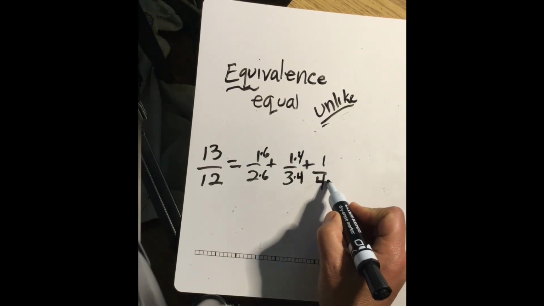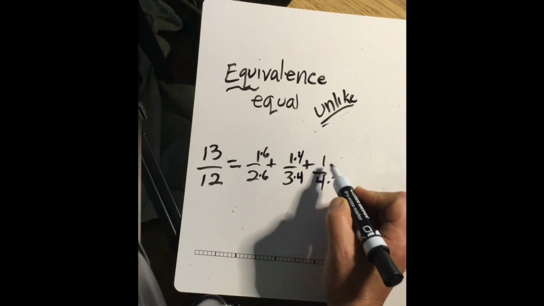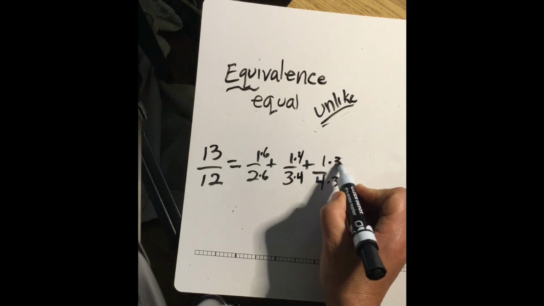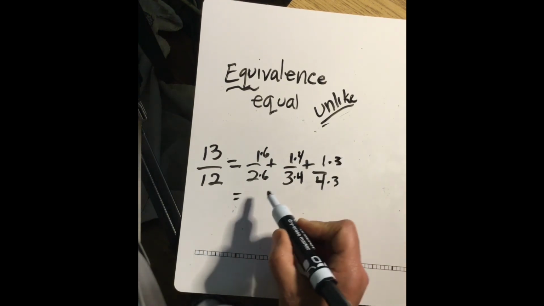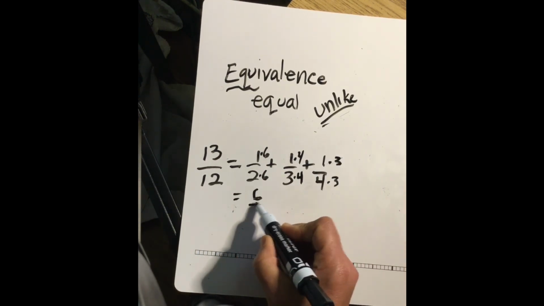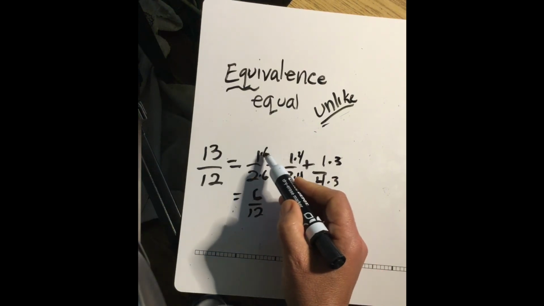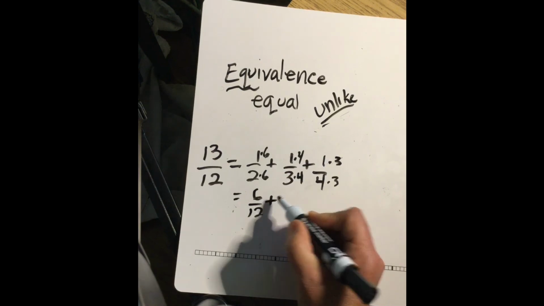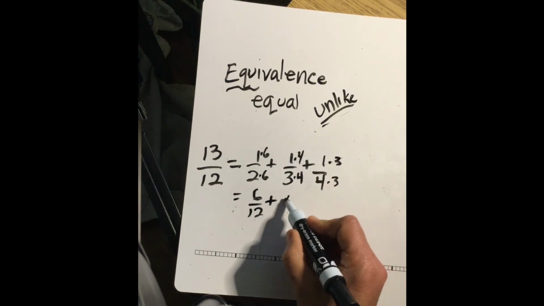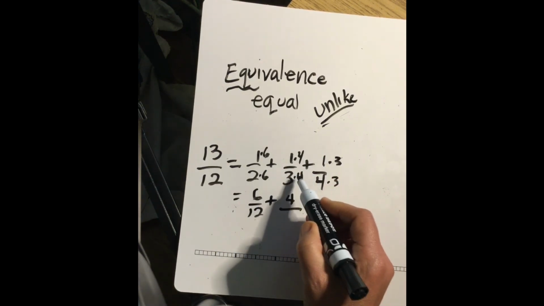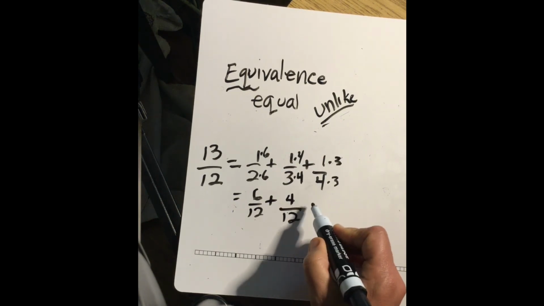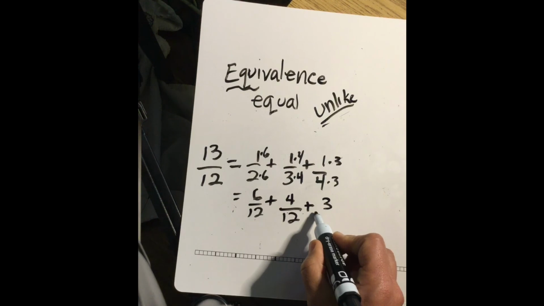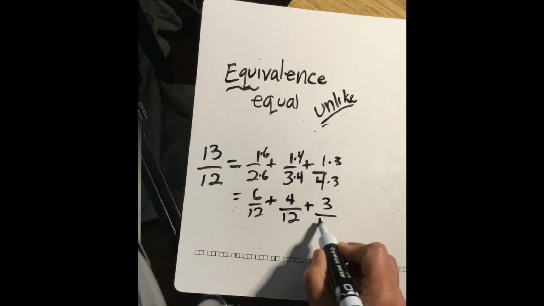And over here, 4 times 3, whatever I do to the denominator, I'm going to do the same thing to the numerator. And I ended up with 6/12. 1 times 6, 6. 2 times 6, 12. Plus 1 times 4, 4. 3 times 4, 12. Plus 1 times 3, 3. And 4 times 3, 12.